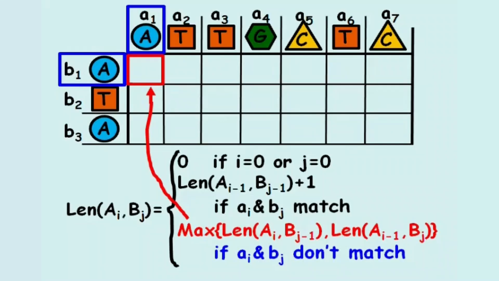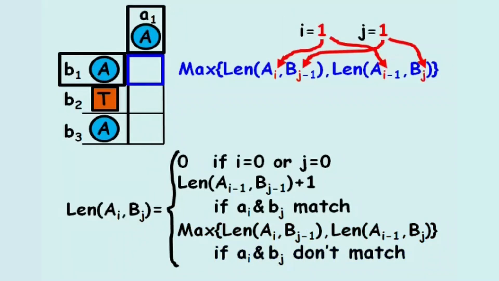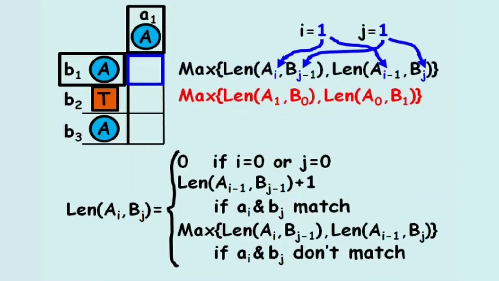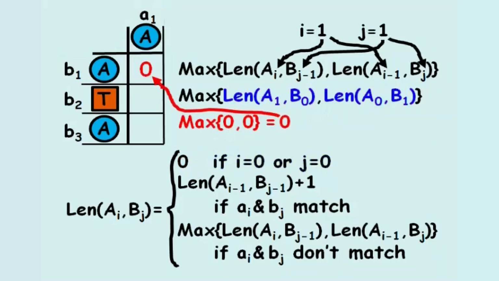After plugging in 1 for i and 1 for j, we're left to find the maximum between matching length A1,B0 and matching length A0,B1. Since either i or j equals 0, we know the longest matching substring equals 0 for both cases. So we'll input a 0 into our table.